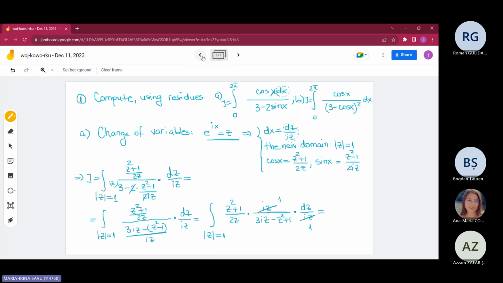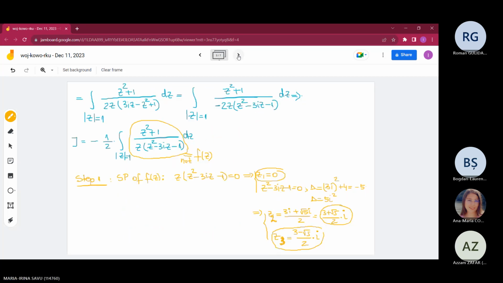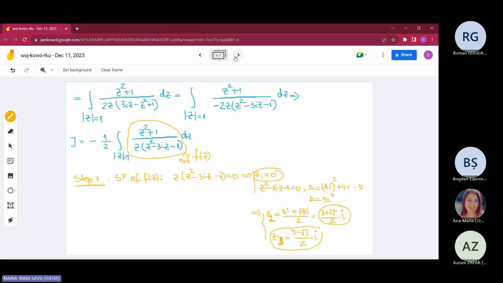Did we miss something here at the beginning? It seems that we haven't made mistakes.